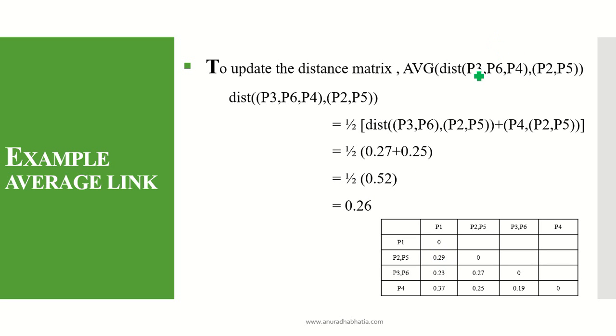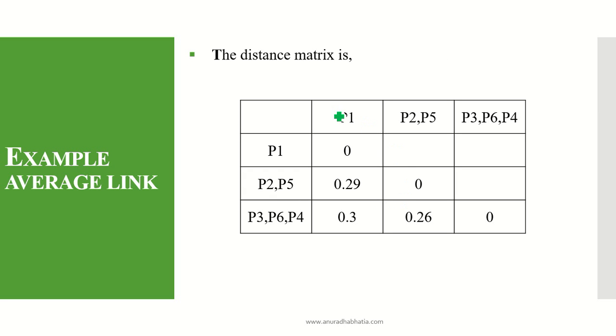The next is P3, P6, P4 with P2 and P5. P3, P6 with P2, P5, I get a value 0.27, and P4 with P2, P5, I have a value 0.25, and the updated value I get is 0.26. And the distance matrix that I get is over here: 0.29, 0.3 and 0.26 with a new cluster formed.